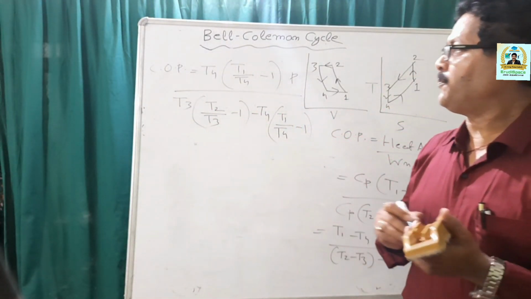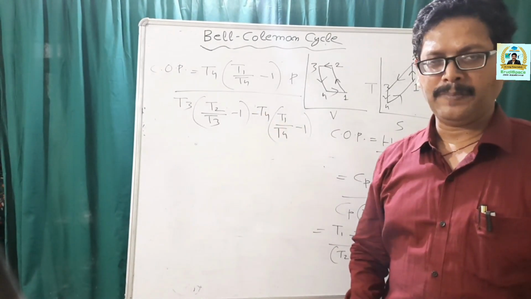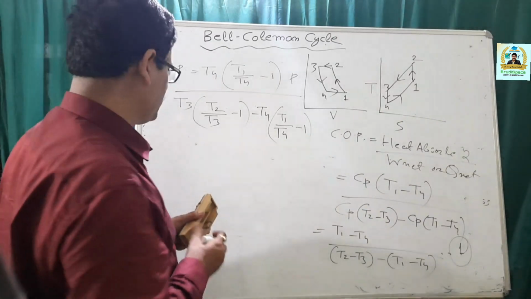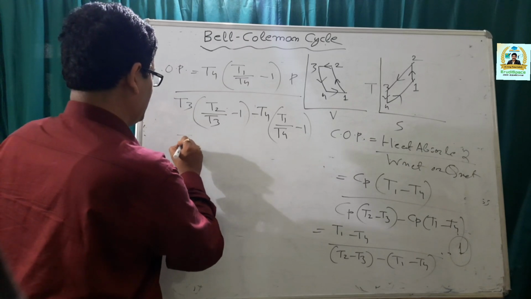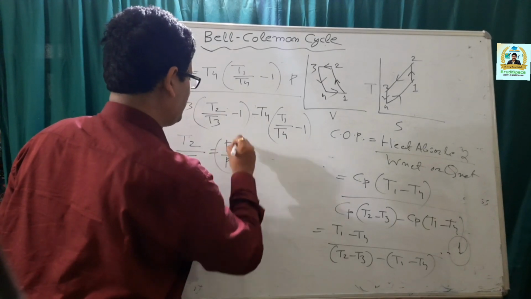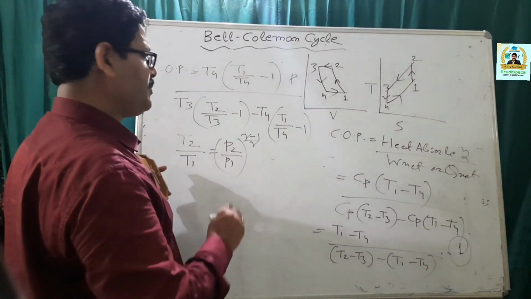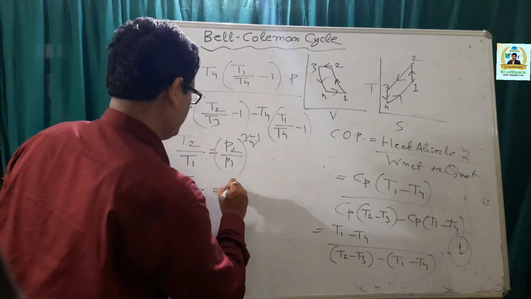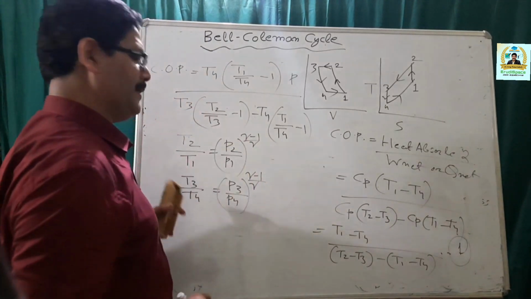Now, we will prove that T1 by T4 is equal to T2 by T3. So, how to do this? All of us know that 1-2 is an isentropic process. So, for isentropic process 1-2, T2 by T1 is equal to P2 by P1 to the power gamma minus 1 by gamma. Similarly, for isentropic process 3-4, T3 by T4 is equal to P3 by P4 to the power gamma minus 1 by gamma.